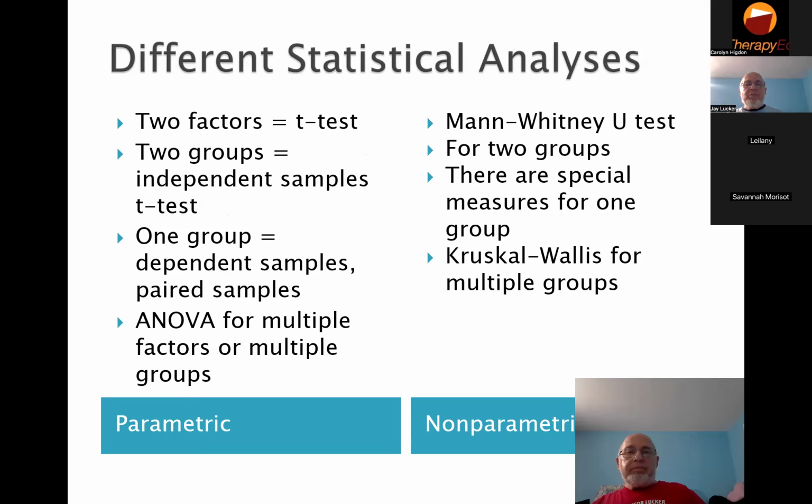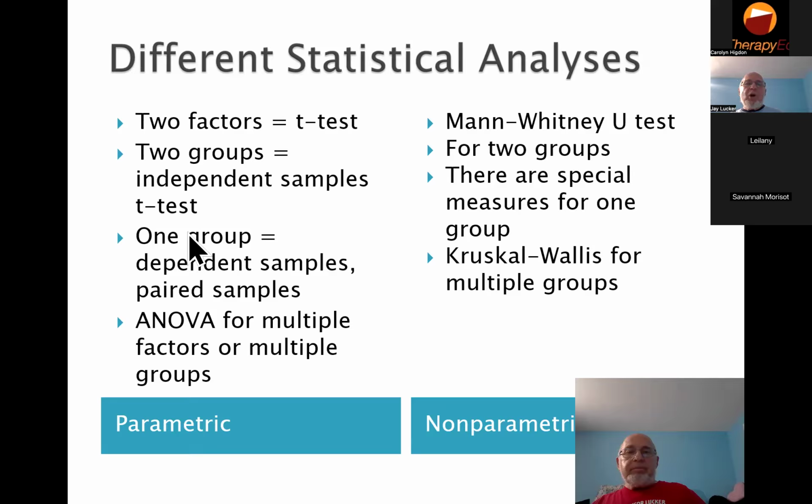We're looking at their articulation, their expressive language, their receptive language, and making some comparisons. Did the articulation change based on whatever we're using for the variable that we're controlling? Time factors, the therapy we did, the materials we used, whatever it was.